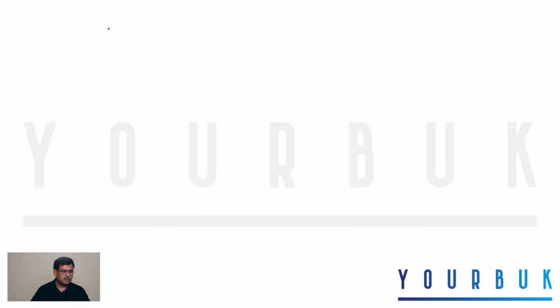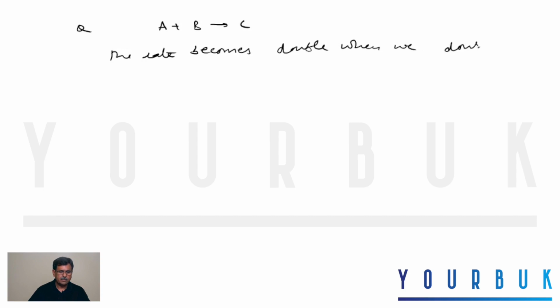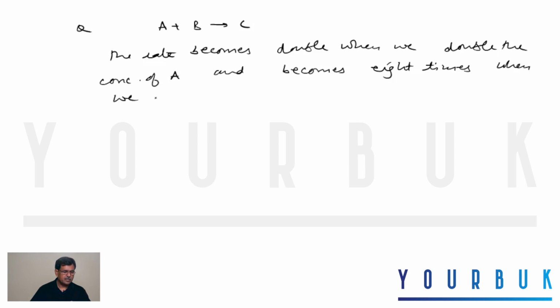Now we take one more question. Now this is a reaction given: A plus B gives C. And the question states that the rate becomes double when we double the concentration of A, and becomes 8 times when we double the concentrations of both A and B. Now what is the order of the reaction and the rate law?